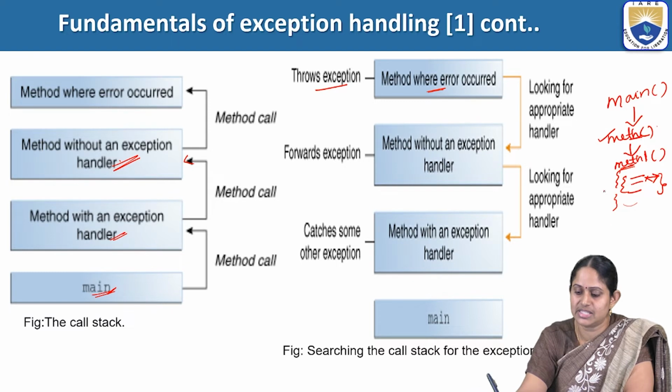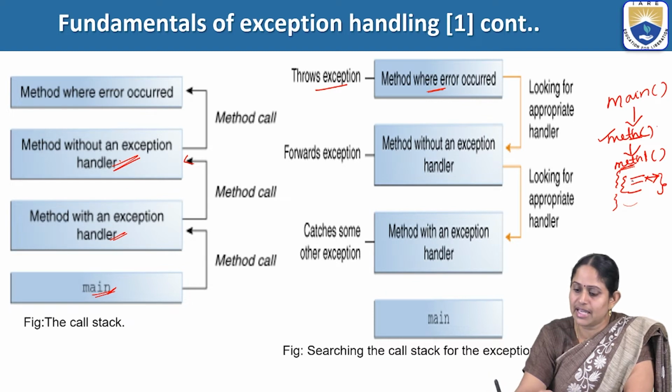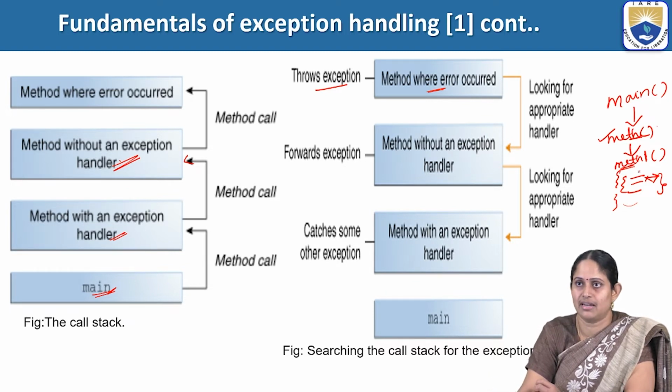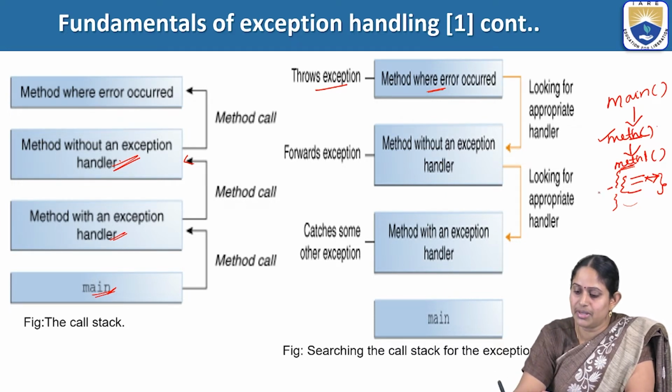It will check inside meth1 whether there is any exception handler. If it doesn't have any exception handling, it will forward that exception object to its next higher level.